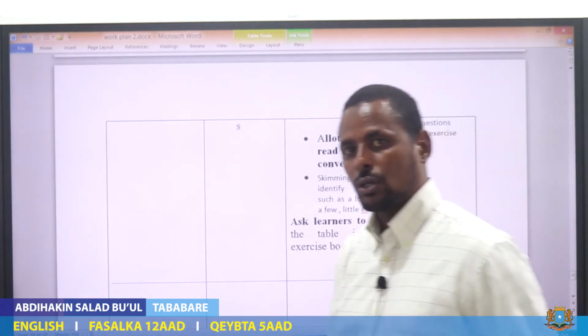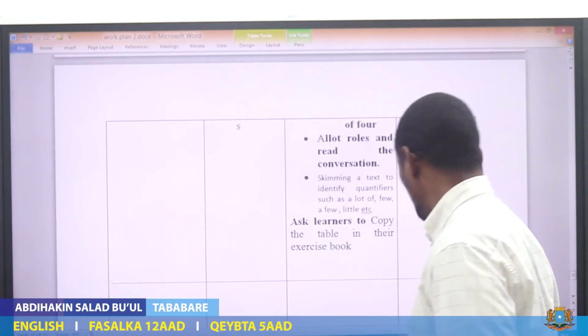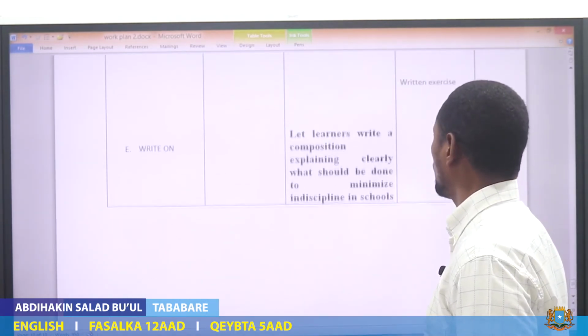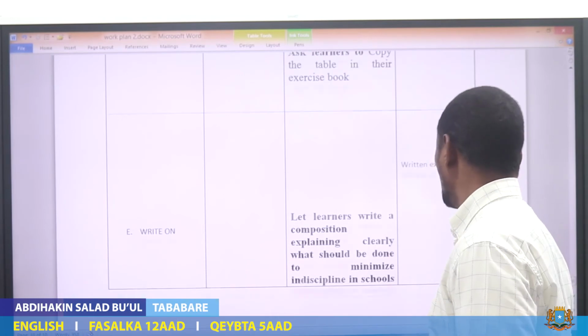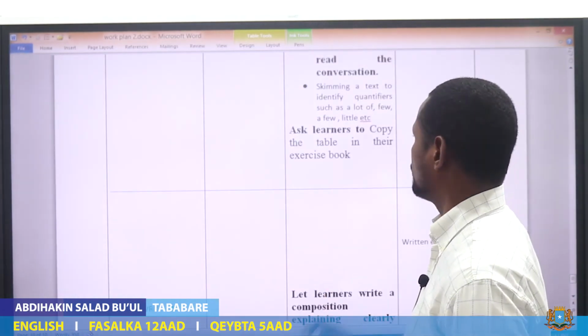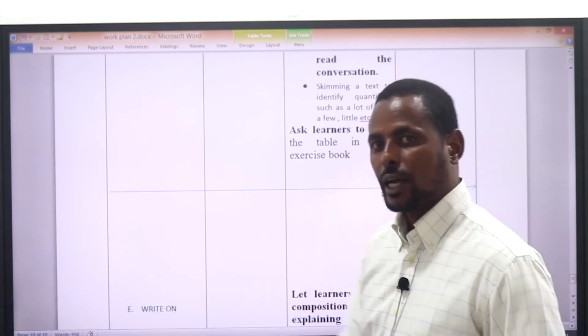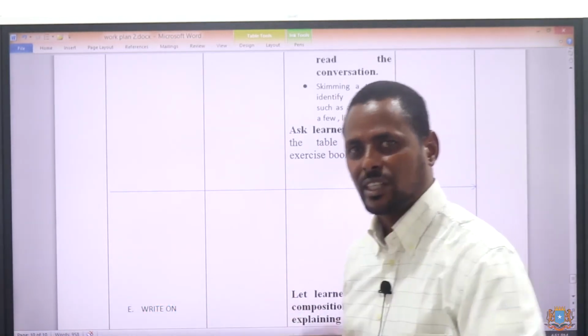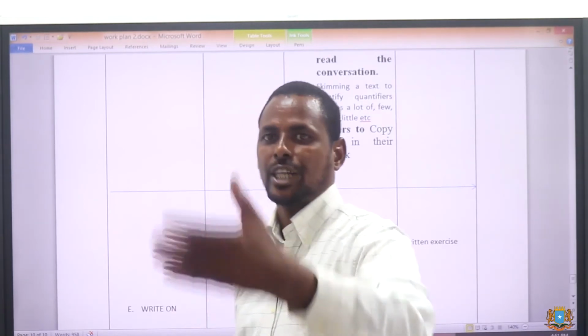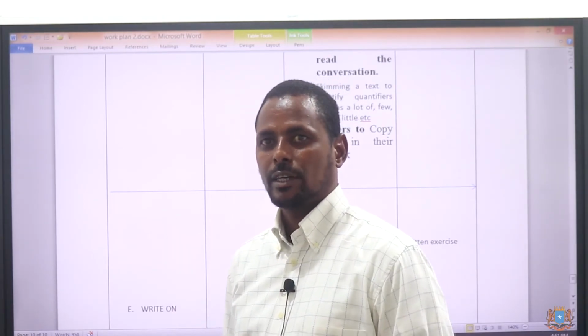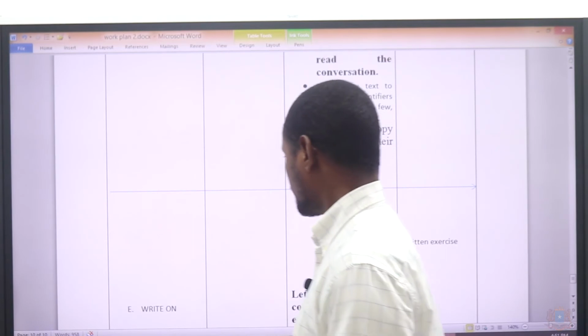There is a table which you will find in the textbook that requires students to copy the table in the exercise book and make sure they complete it. Now you as a teacher have to check whether they have done it correctly.